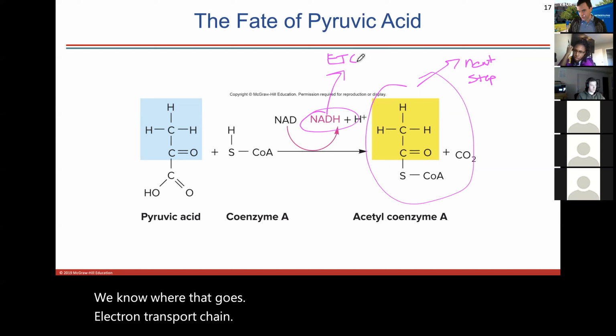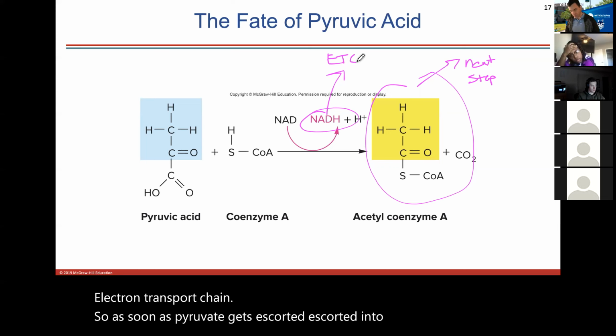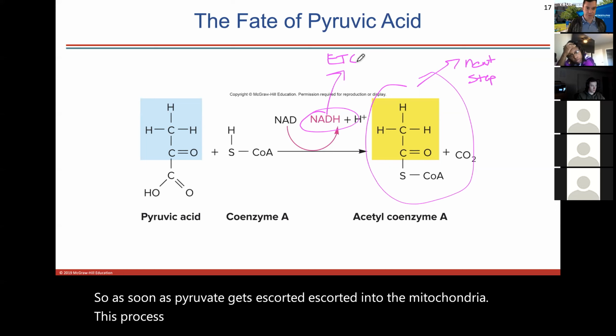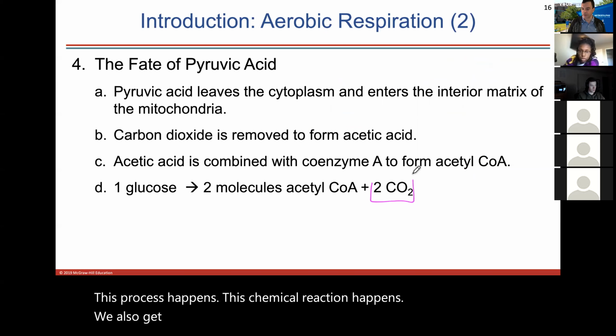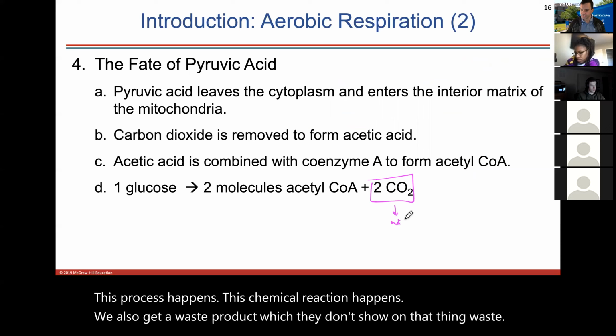So as soon as pyruvate gets escorted into the mitochondria, this process happens. This chemical reaction happens. We also get a waste product, which they don't show on that thing. Waste. And obviously that's removed from the cell.